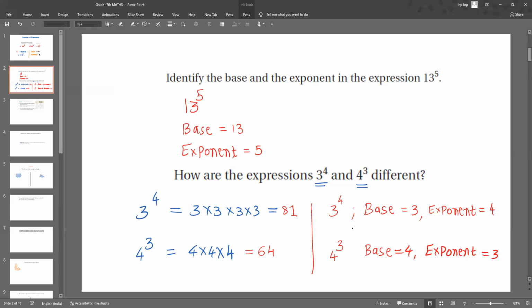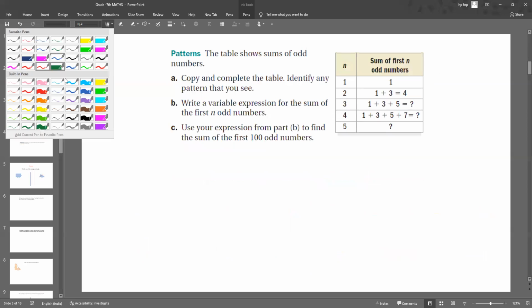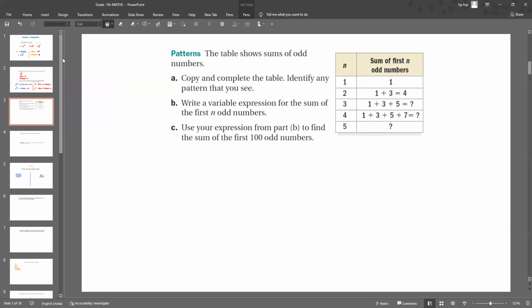Now according to this base and power and exponent, I have another question. Now you can see what is given in this question. In the table they show the sum of odd numbers. So here, identify any pattern if you see.